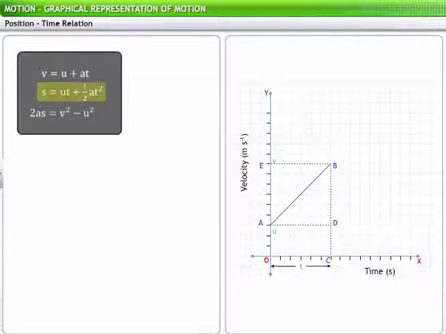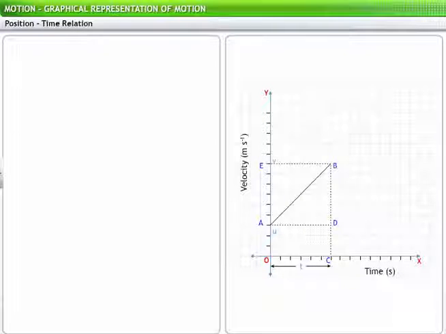Let's now derive the second equation of motion, that is position-time relation. In the same velocity-time graph, we analyze the position-time relation. Let S be the displacement of the object in time t. You can determine the displacement of the object as the area of the trapezium OABC under the curve.